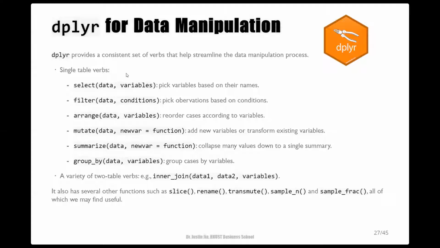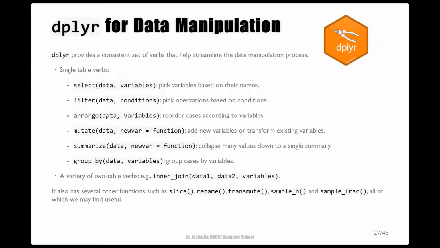Here is a summary of its key verbs, and all of these verbs are very informative of their intended operations and work similarly. For these single table verbs, meaning functions working with a single table, their first arguments are always a table or a data frame, and the subsequent ones describe what to do using the variable names in that table.